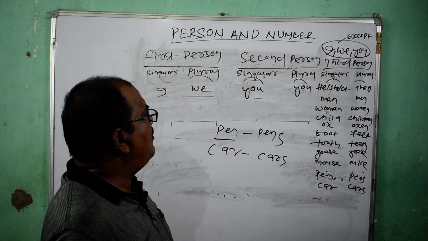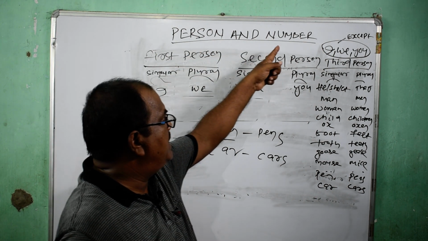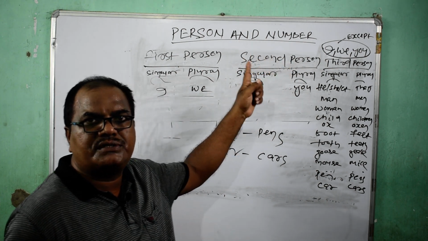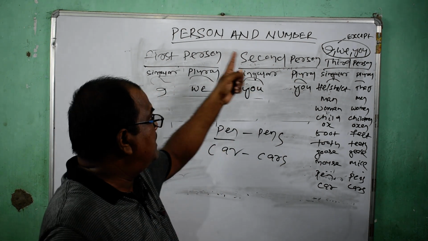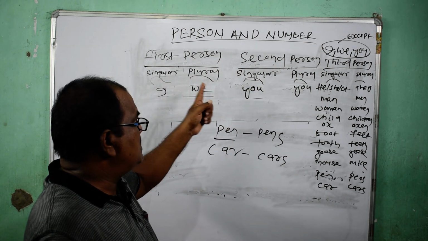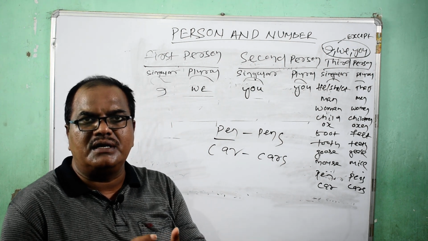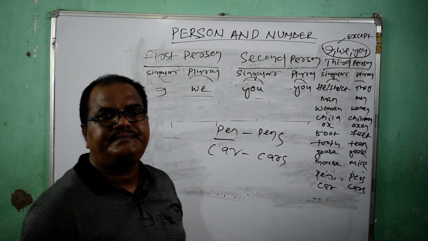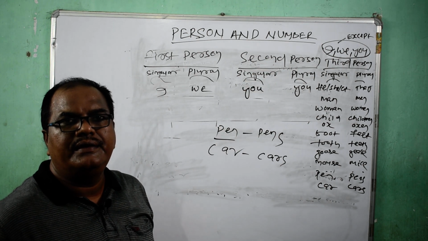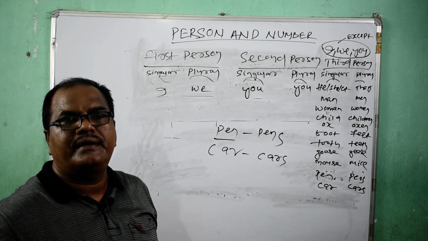Today, I have discussed types of persons and types of numbers. There are three types of persons: first person, second person and third person. There are two types of numbers: singular number and plural number. Only four items are closely related to numbers. They are noun, pronoun, verb and determiner.